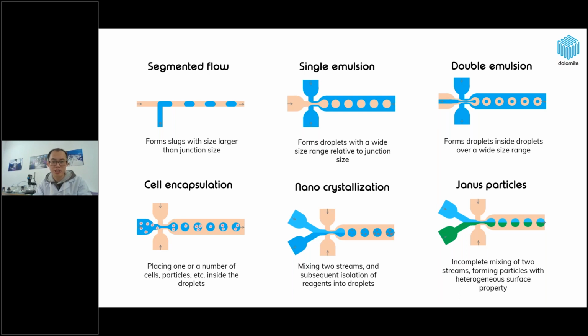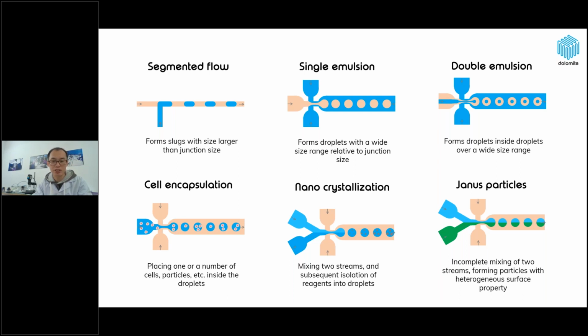Or we can make a single emulsion or double emulsion, or even cell or particle encapsulation, by using the X-junction chip. Or we can do more complicated applications like nanocrystallization or complex dense particles with different surface properties by using the two reagent chip geometry.